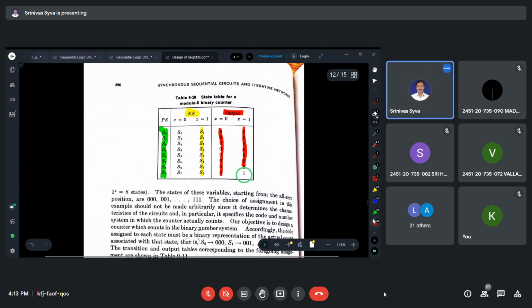Is it clear? Present state to next state are the same when x equal to 0 in this case. When x equal to 1, the next state was different. When x equal to 1, the next state is progressing, so S0 goes to S1, S1 goes to S2, like that. So this was written from the state diagram only.